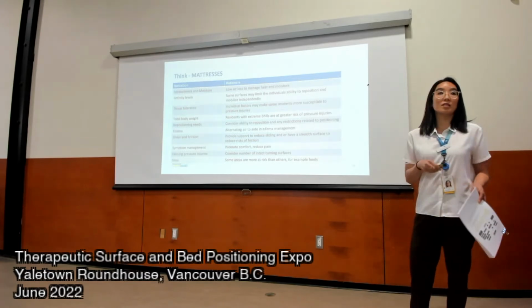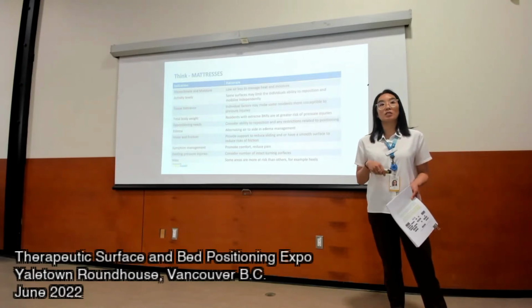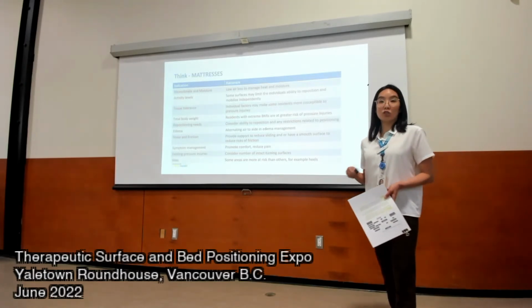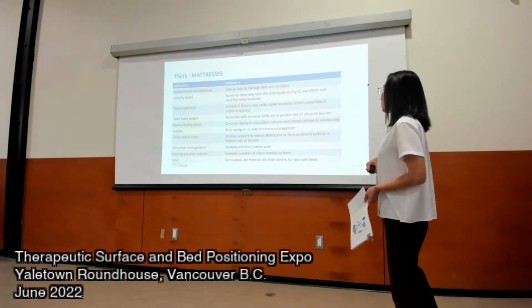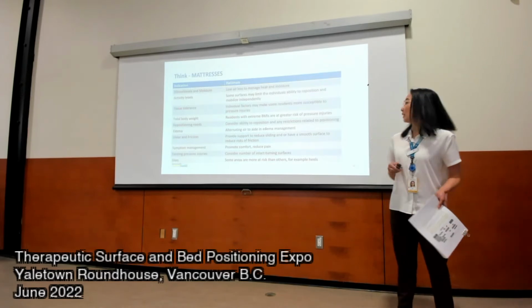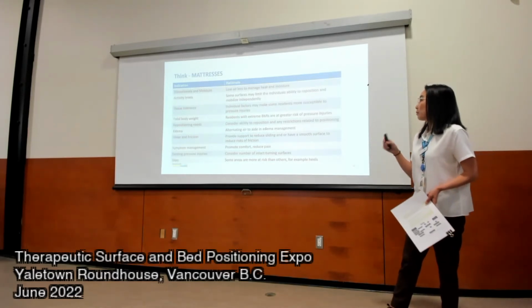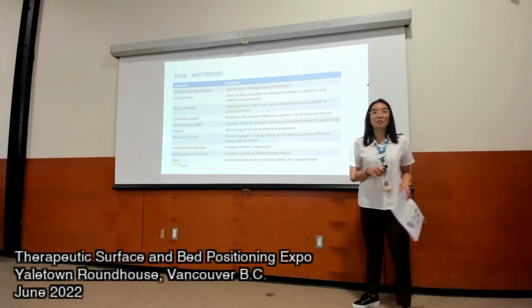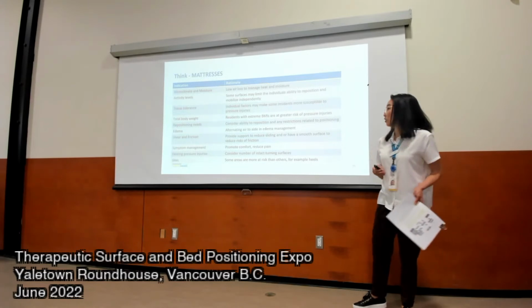Edema, so you might want to consider alternating air to help with edema management in terms of circulation and moisture control. Shear and friction, of course, you're going to want to think about properties that reduce sliding or have a smooth surface to reduce the risk of friction. Symptom management, this is more of a subjective thing, but also consider you want to promote the resident's comfort and help to manage their pain.